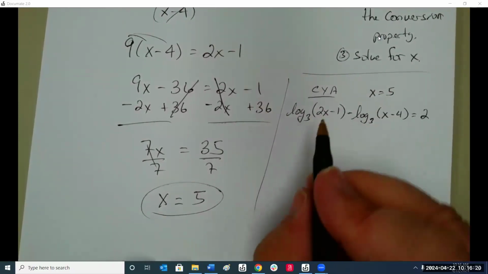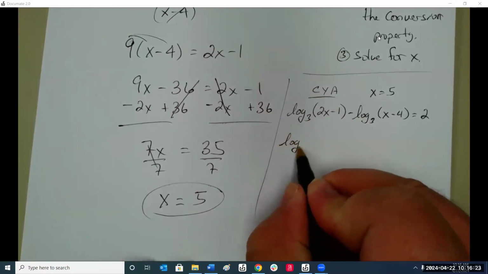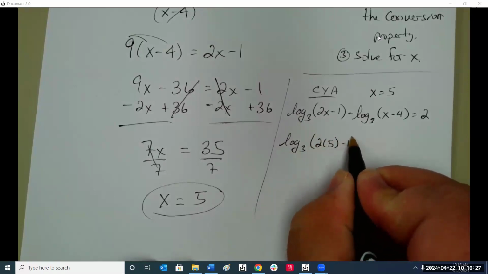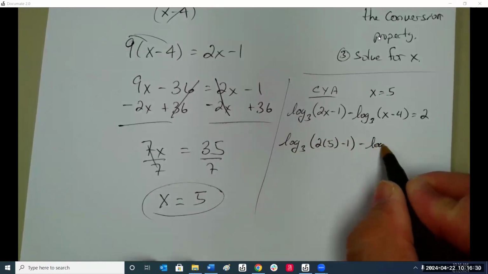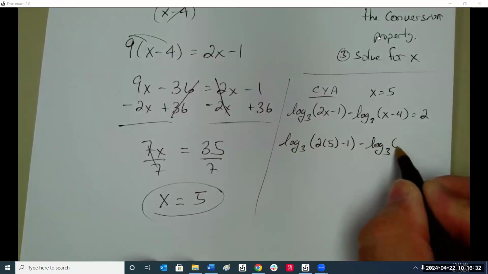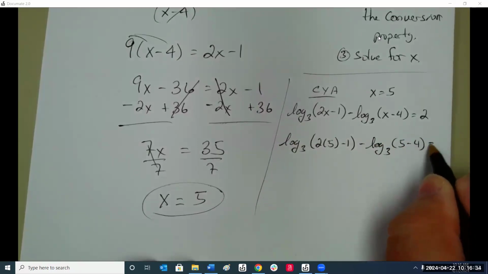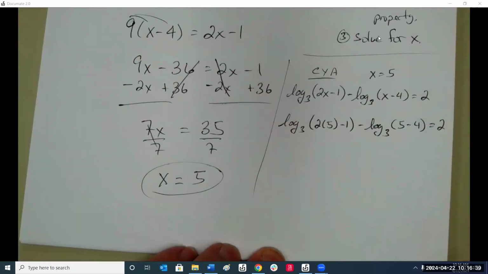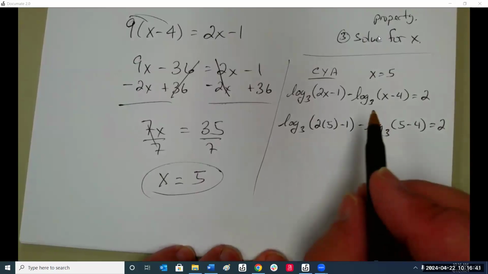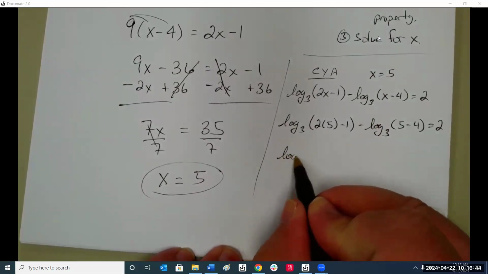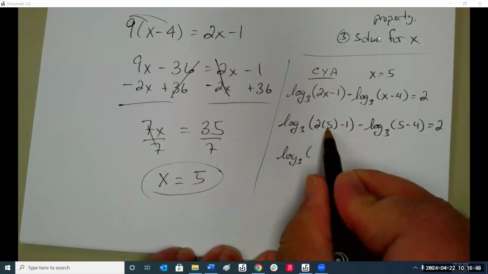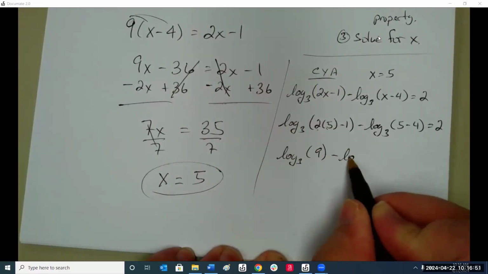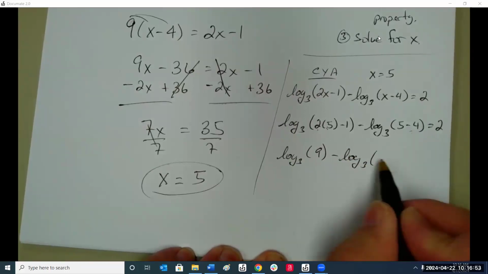Just plug in anywhere you see an x, plug in a 5. In other words, the equation has to be true on both sides. Let's do it step by step. 2 times 5 is 10, minus 1 is 9. 5 minus 4 is 1.